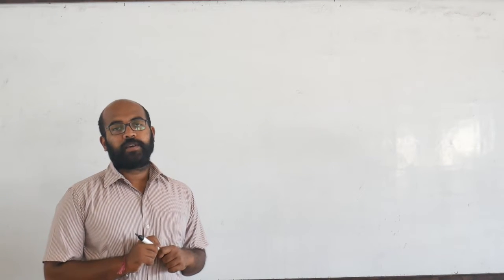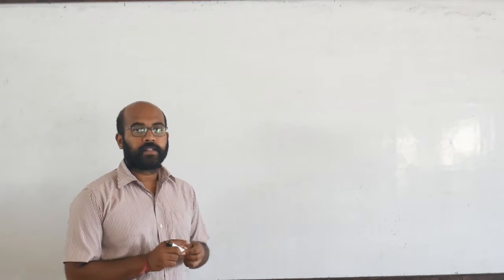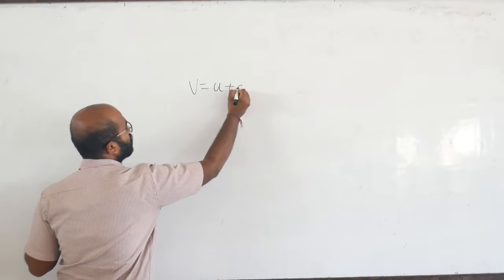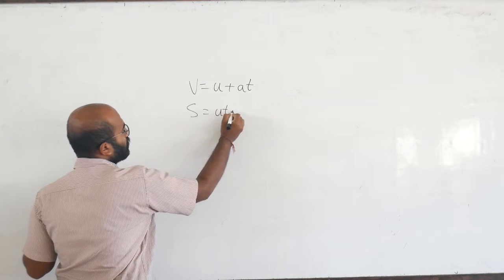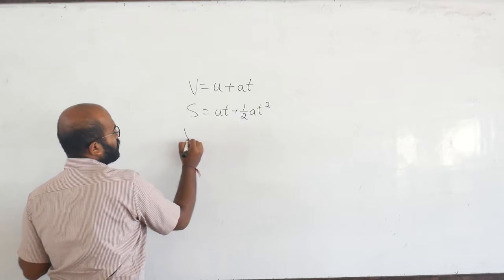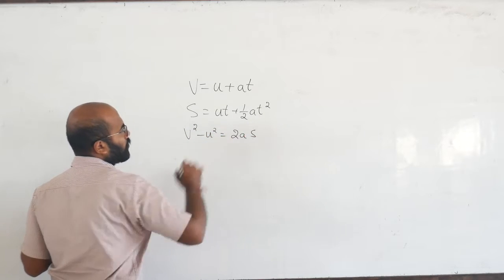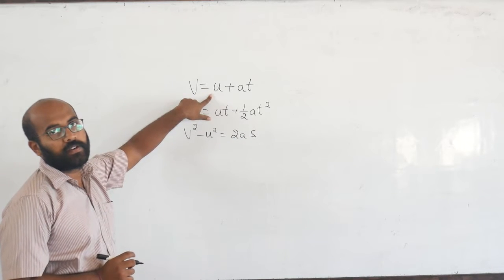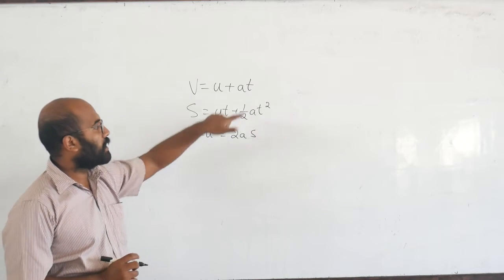Hello friends. In the previous class we saw one problem using three equations. That is, v is equal to u plus at, s is equal to ut plus half at square, and v square minus u square is equal to 2as, where v is the final velocity, u is the initial velocity, s is the displacement, a is acceleration, t is time.